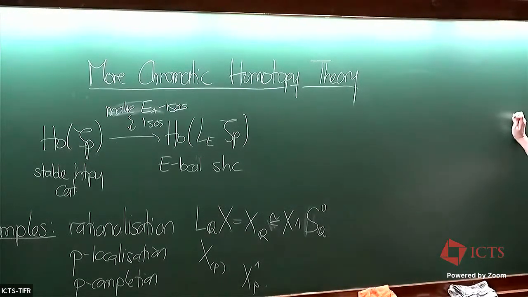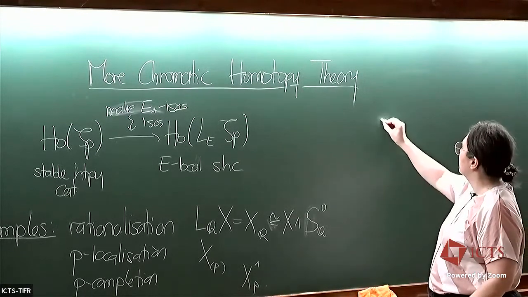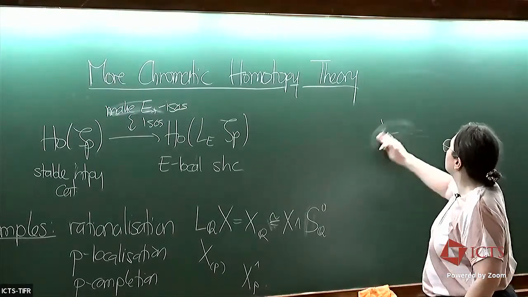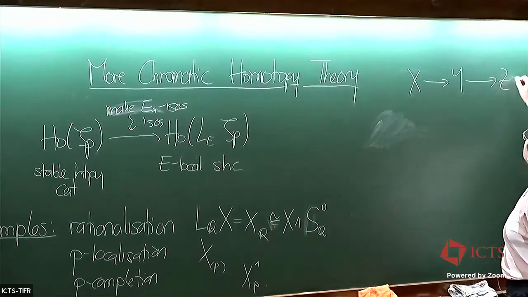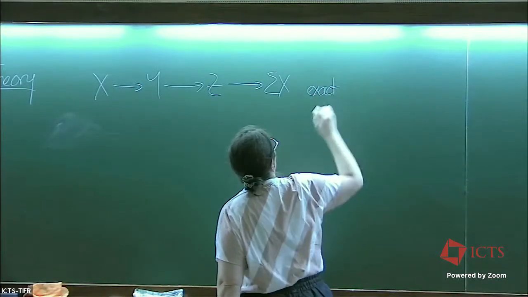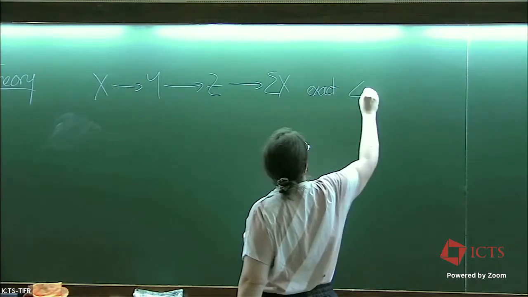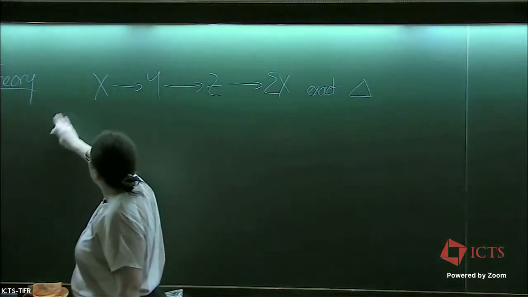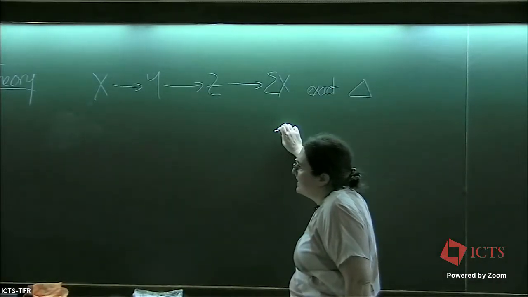So one of the questions after last time, where I had just too many options buzzing in my head, was: if you take, let's do it up here, an exact triangle here, is the triangle made out of the respective localizations still exact?